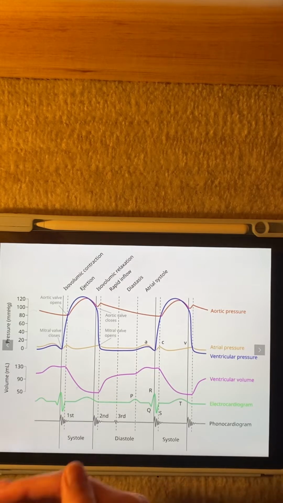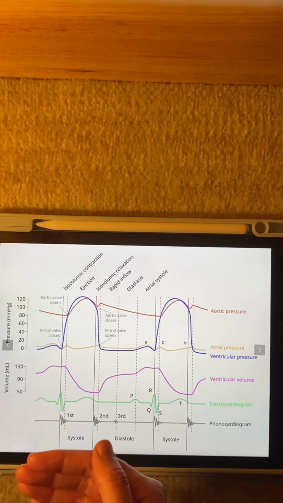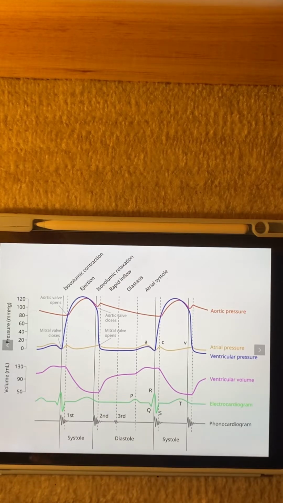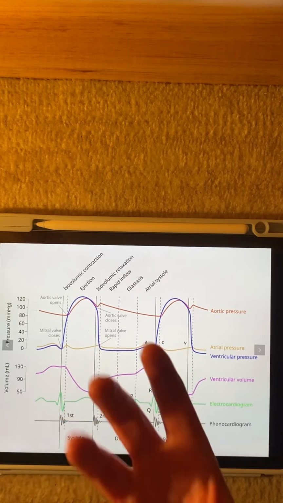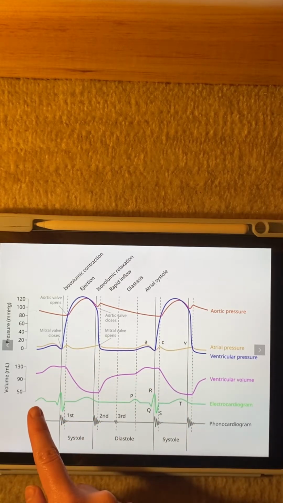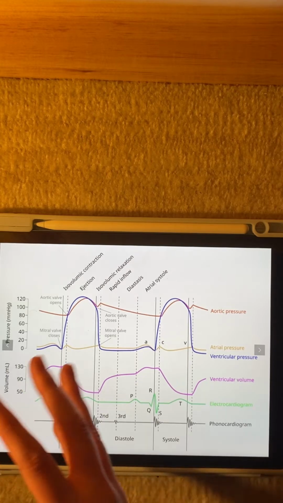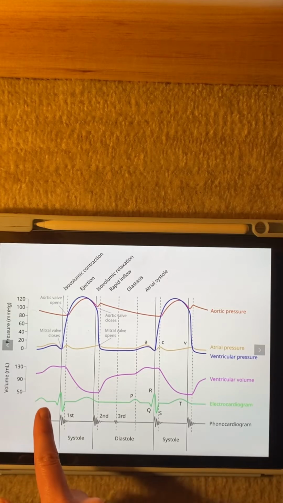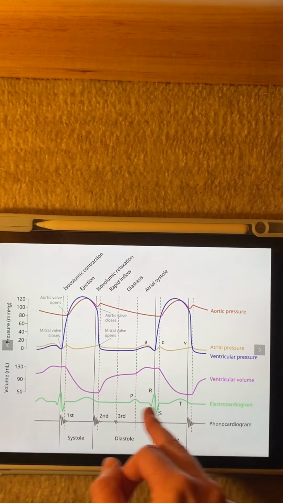We know that the SA node spontaneously depolarizes, and then that depolarization travels from cardiac myocyte to cardiac myocyte through intercalated discs. So that causes all across the atrium to become depolarized. We have atrial depolarization, and that can be reflected right here on our P wave on this green line, which represents our electrocardiogram.